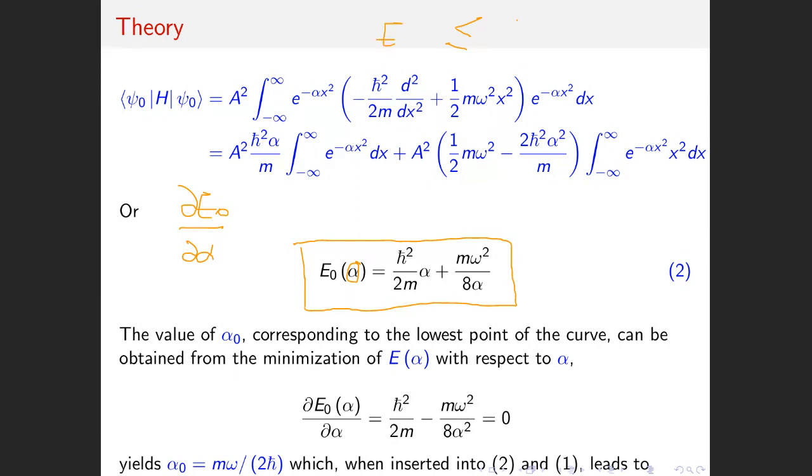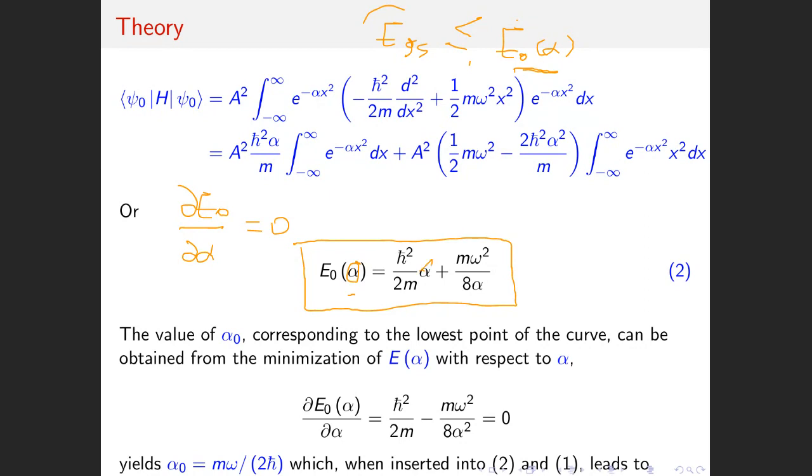So E ground state is smaller than or equal to E0 of alpha. But you want to minimize this so that this upper bound gets closer and closer to the ground state energy. You know how to do that from first year: you extremize it by taking the derivative with respect to alpha and setting it equal to 0. It's a very simple method to use.